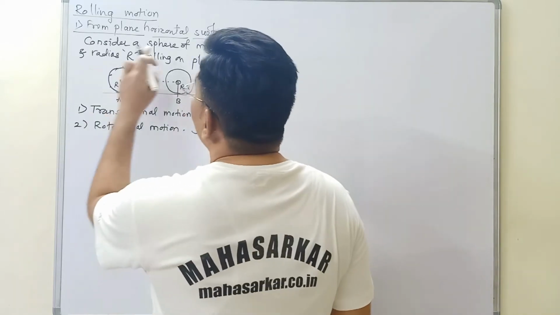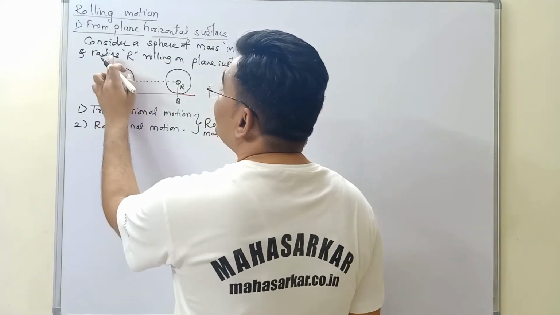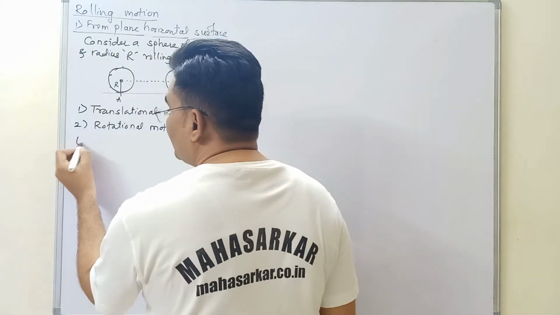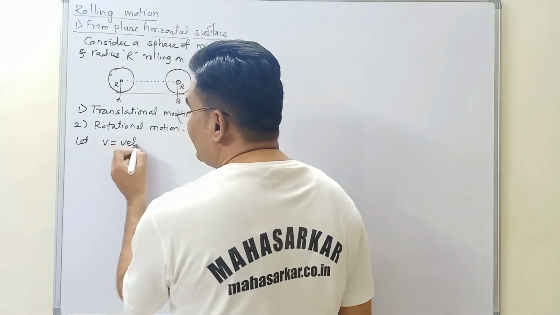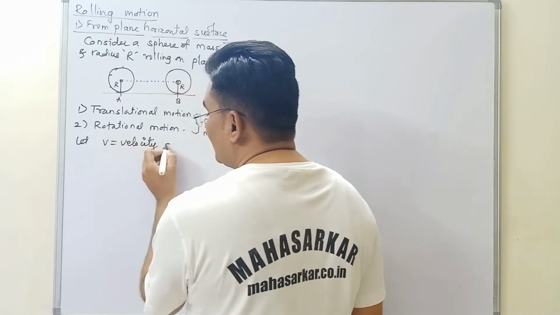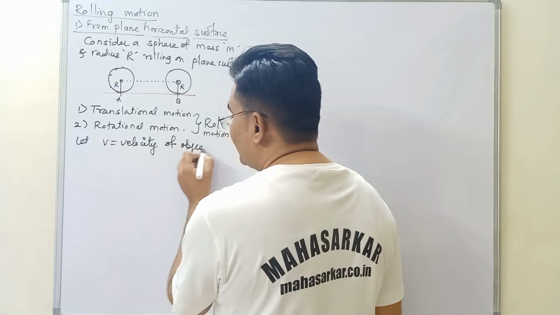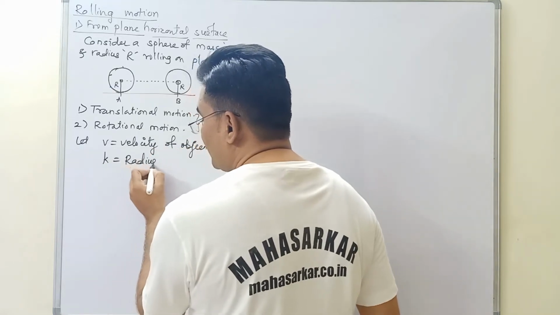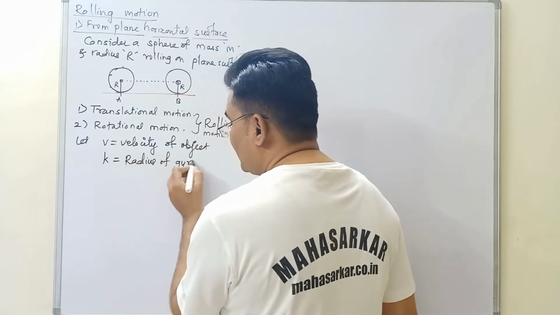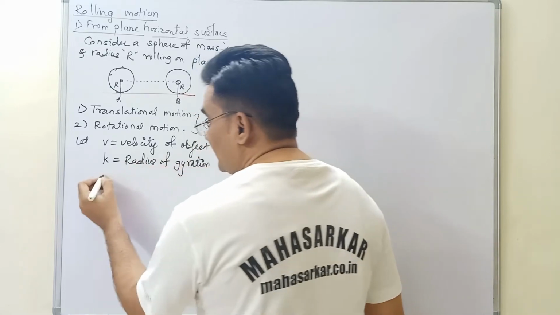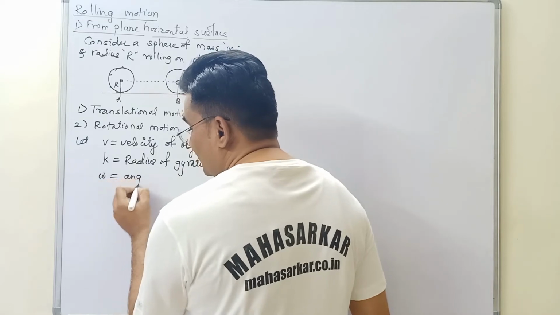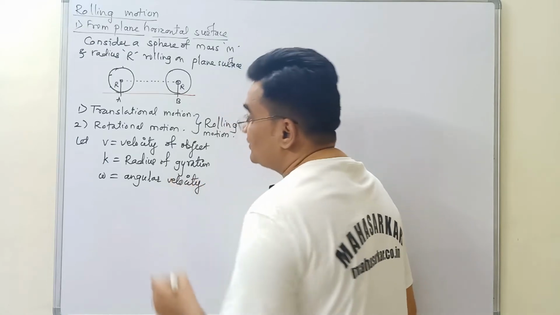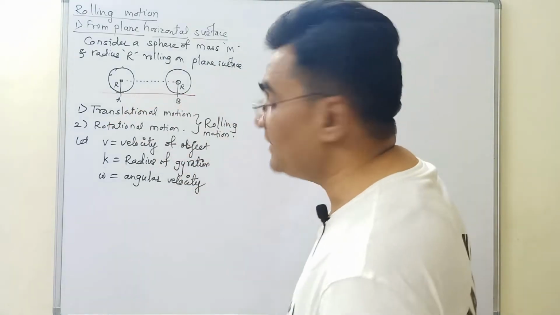So if m is the mass of the object and r is the radius of the object, now let v be the velocity of the object, and say k be the radius of gyration for that object. K is the radius of gyration. And finally omega is the angular velocity of the object which is moving from point A to point B.